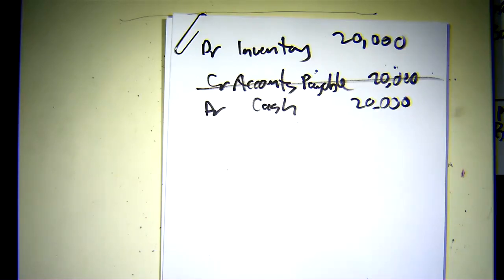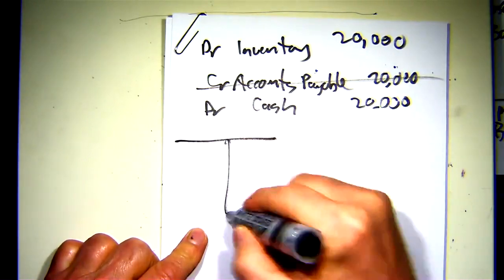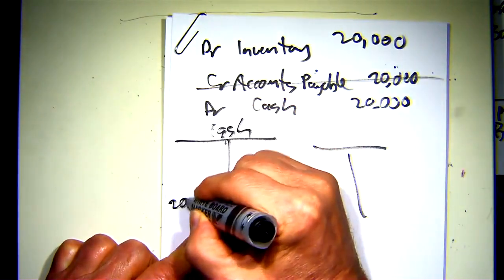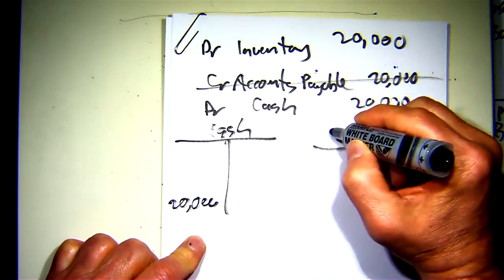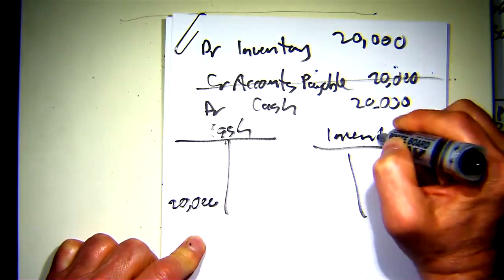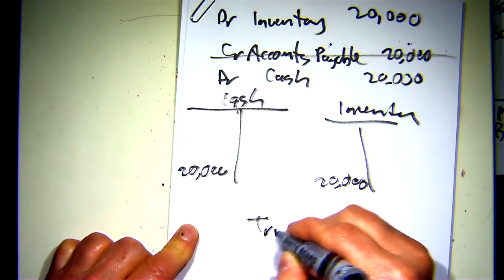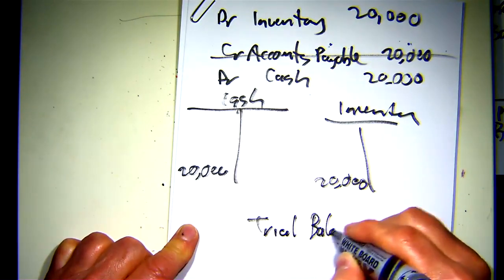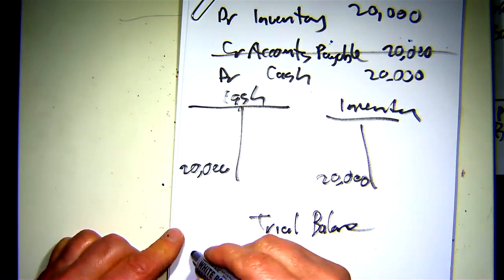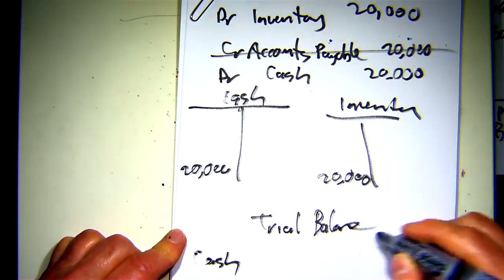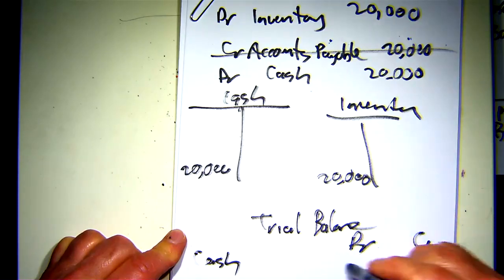No, correct. So it wouldn't balance because the effect would be I'd have cash 20,000, I'd have inventory 20,000, and then my trial balance would have cash and inventory 20,000.